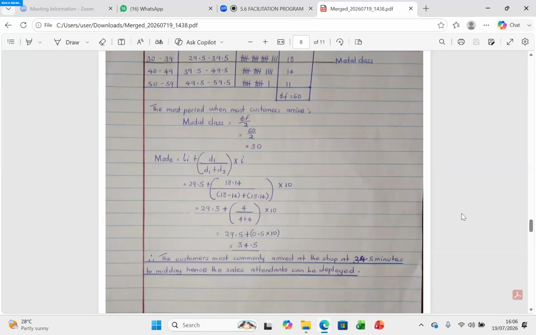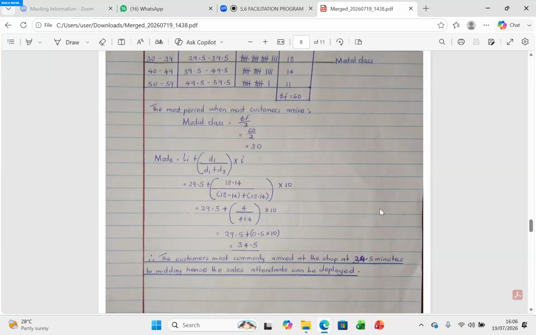So I suggest you use the shortest method. We made the conclusion that most of the customers commonly arrived at the shop 34.5 minutes after 11 a.m. Hence the sales attendants can be deployed.